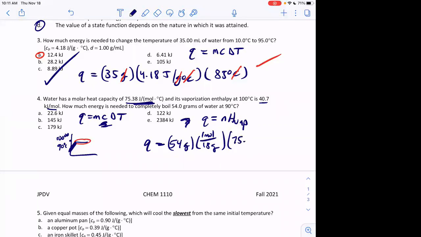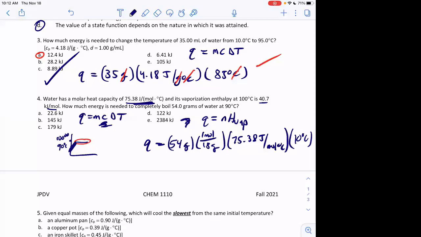So we use the 75.38 joules per mole degree C. And then the delta T, we're going from 90 to 100, so 10. That's pretty much the same as what we just did. The only difference, we had to convert to moles because you have a molar heat capacity rather than the specific heat capacity based on mass. So just pay attention to your units.